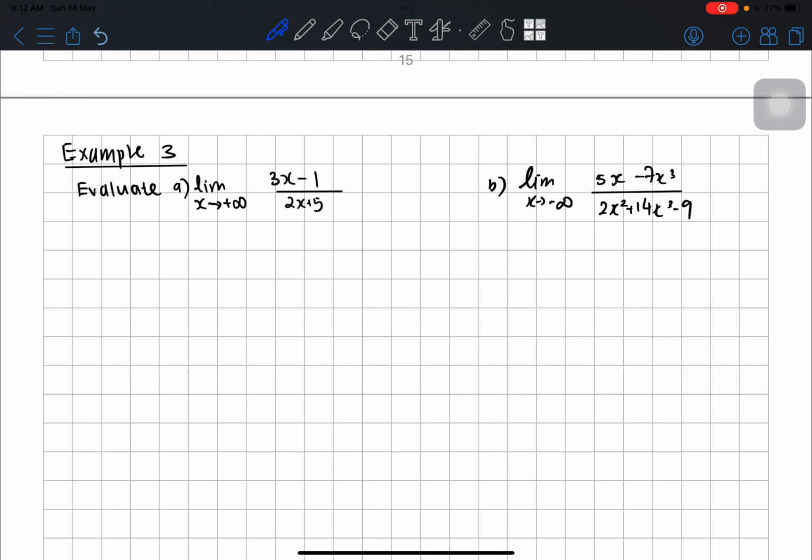Evaluate these equations using the limit as x tends to positive infinity.